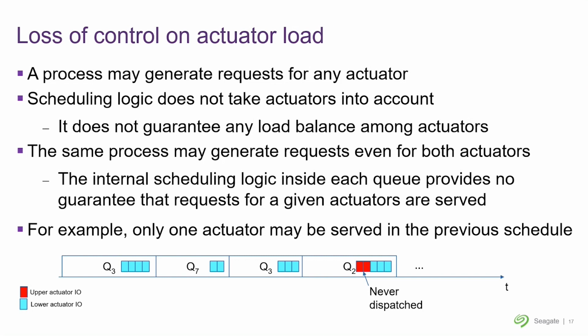It's very easy to schedule the one actuator starving the other out, and there's no guarantee of any load balance between the 2 actuators. So in a given queue, you may even generate work for both actuators. And in this case, you see the lower actuator is Q3, Q7, Q3 again. Then we get to Q2, and you have a mix of IO for the lower and upper actuator.